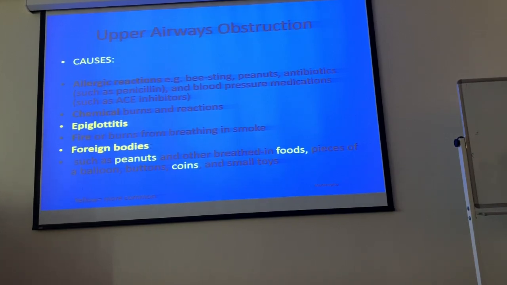If you take the history, either it's a bee sting or some other allergies. For example, he has taken antibiotics or some other medication, and especially in third world countries a lot of penicillin is used because it's very cheap, and other medications like ACE inhibitors.